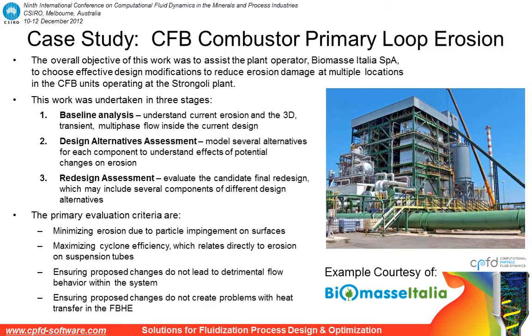The first case is a circulating fluidized bed combustor that is located in Strongoli, Italy. It is owned by Biomass Italia. When the plant was first constructed, they discovered very severe erosion in the plant, particularly in the cyclone inlet, as a result of the very abrasive biomass fuel they were using, which is a mixture of wood chips and nutshells.